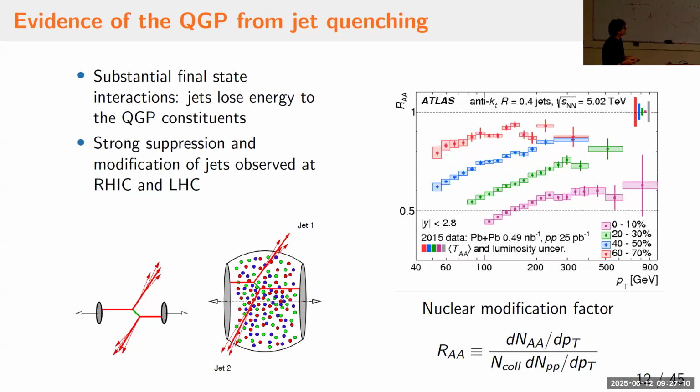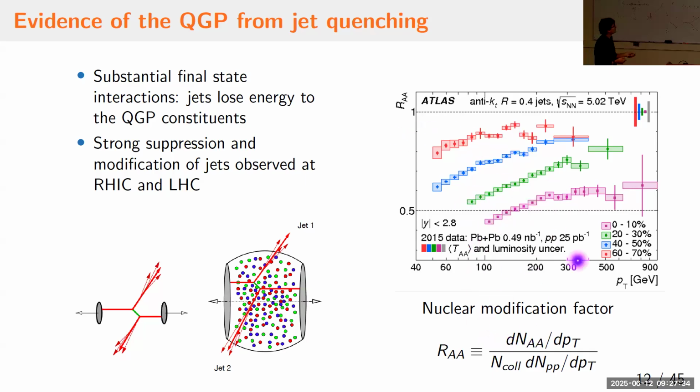So there is a limit to how low you can go in pT and still tell the difference between the jet and the background. If you go very low in pT, there's no way to tell the difference between the particles that belong to the jet and the particles that belong to the plasma. That's why you have to limit this in pT.